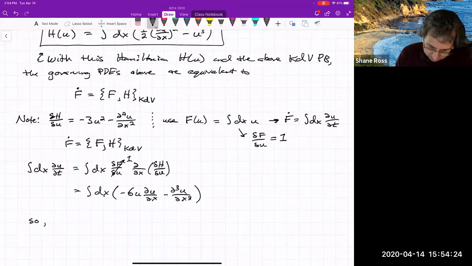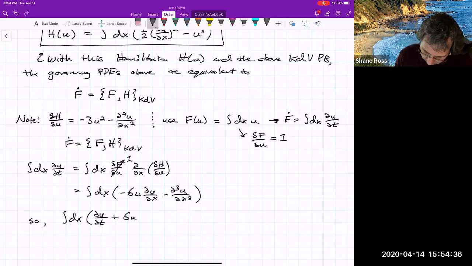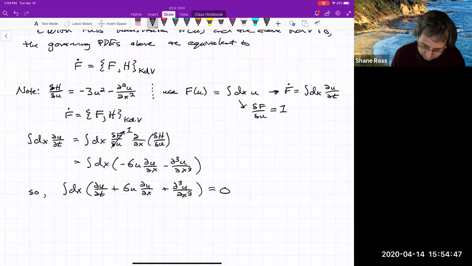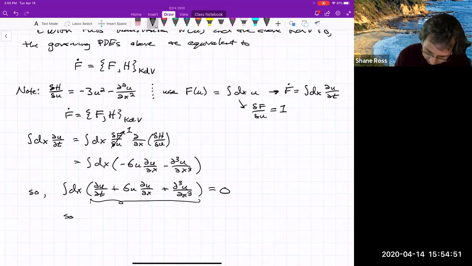So now let's just put everything on one side. Let's bring it all to the right side. dx partial u partial t plus 6u partial x plus the triple derivative of u with respect to x equals 0. And for this to equal 0, the integrand must equal 0.